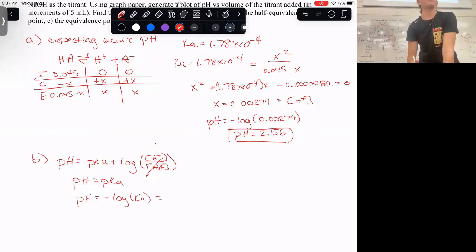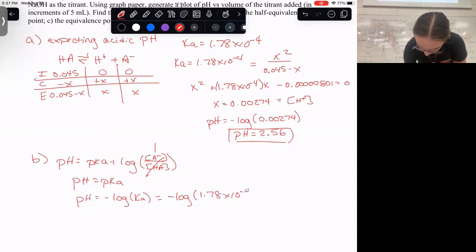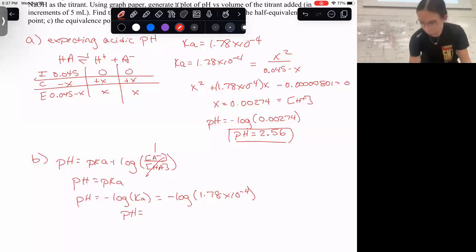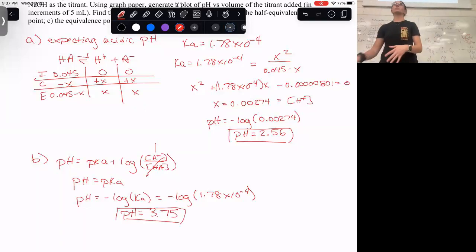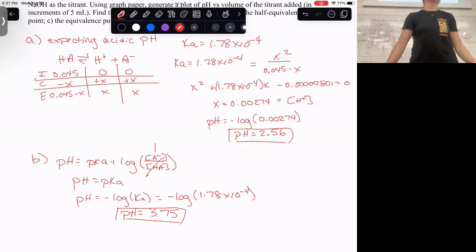And we know that from the top of our paper and what we just used in question A. And what do we get for pH here? 3.75. So we expect it to be a little bit more basic than what we started off with, but should still be relatively close to our starting pH.